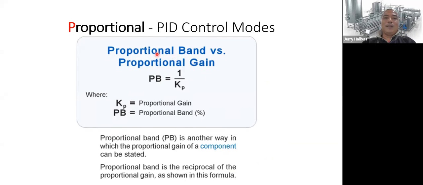So unsay kalainan sa band o gain? So mao na rin yung formula. The PB now, or the proportional band, is actually the reciprocal or multiplicative reciprocal of the proportional gain, or inversely, no? Multiplicatively inversely proportional, no? Proportional gain. Okay?